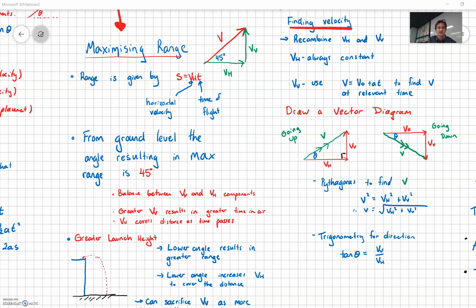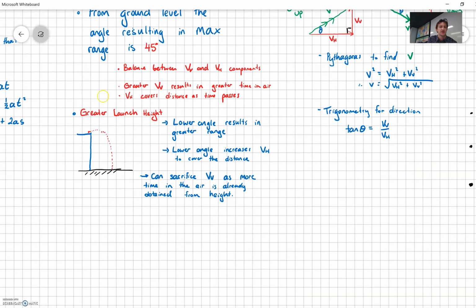But this changes if we go from a greater launch height. So if I go down to here, if we're at a greater launch height, we actually need a lower angle than 45 degrees to get the maximum range possible. The reason why we need a lower angle is because if we lower the angle from 45 degrees, we actually increase the horizontal component of the velocity.